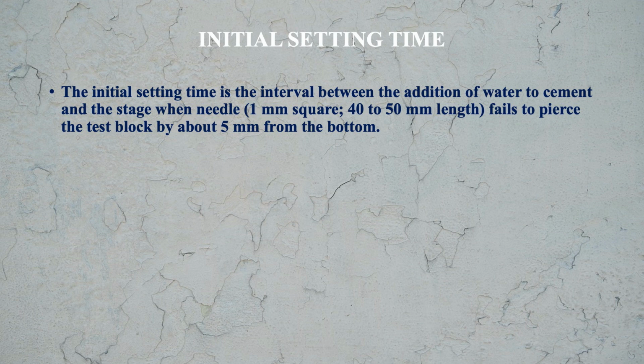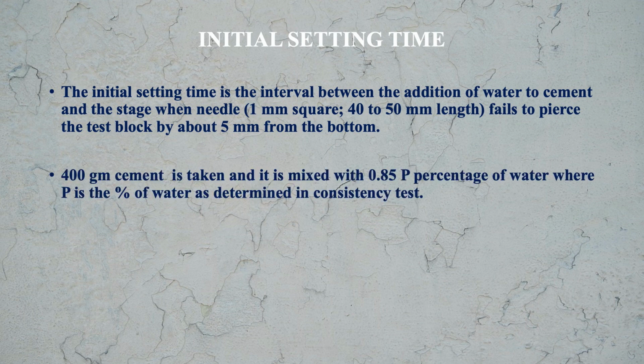Now what we do in this test: 400 grams of cement is taken and mixed with 0.85 p percent of water, where p is the percentage of water as determined in the consistency test. So 0.85 p amount of water is added to the 400 grams of cement. Now the cement paste is filled in the Vicat mold.